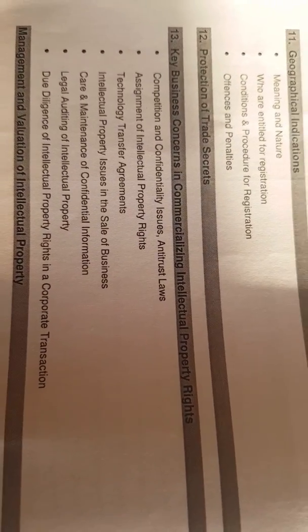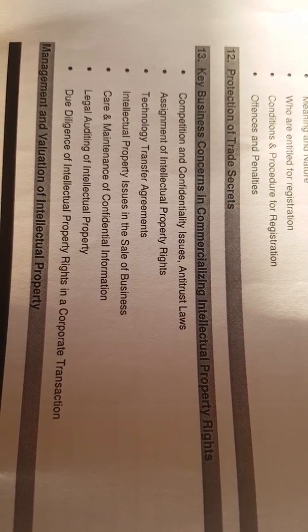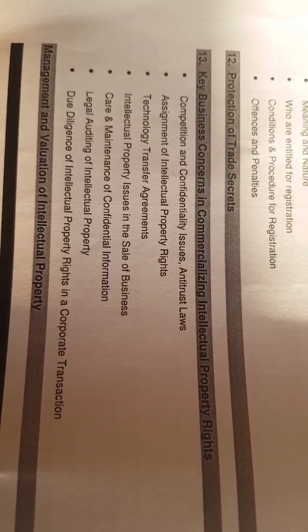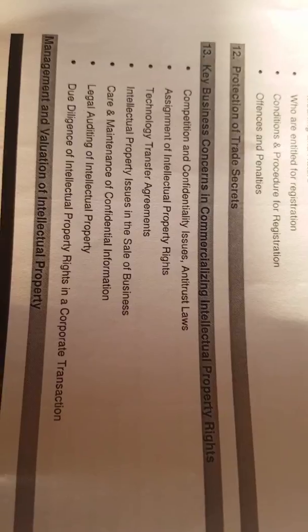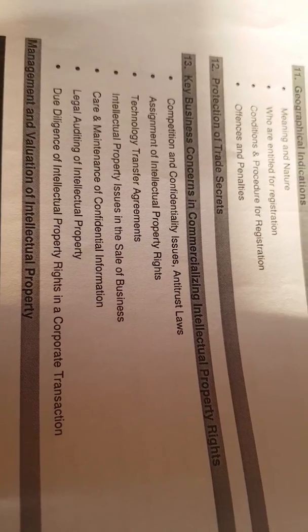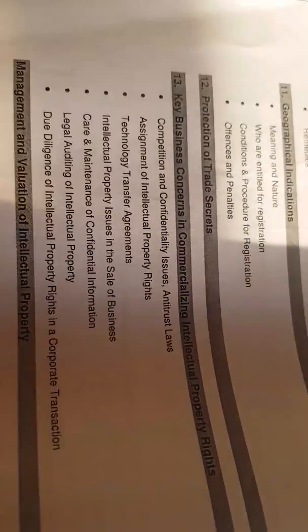The audit part, the due diligence, and how the maintenance of confidential information should be done are mentioned in this chapter. This is basically a flat chapter from which direct questions will be asked. You need to know which paragraph headings are given. This chapter is just for direct questions which come for 5 marks basically.